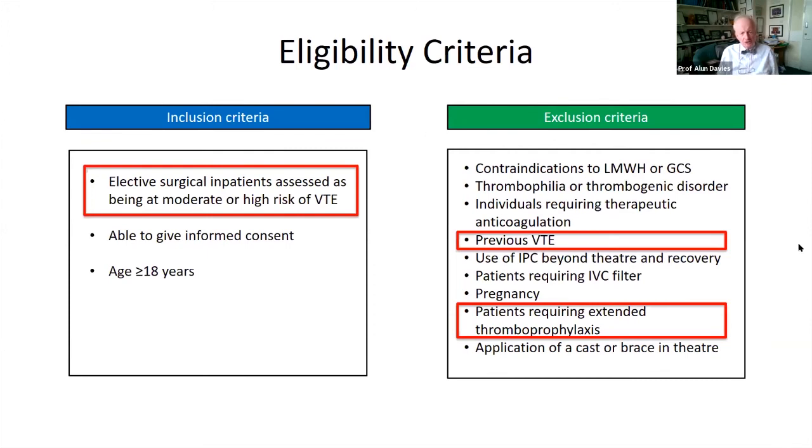But the key inclusion criteria were they were elective surgical inpatients who were deemed to be at moderate or high surgical risk as per the Department of Health guidelines.